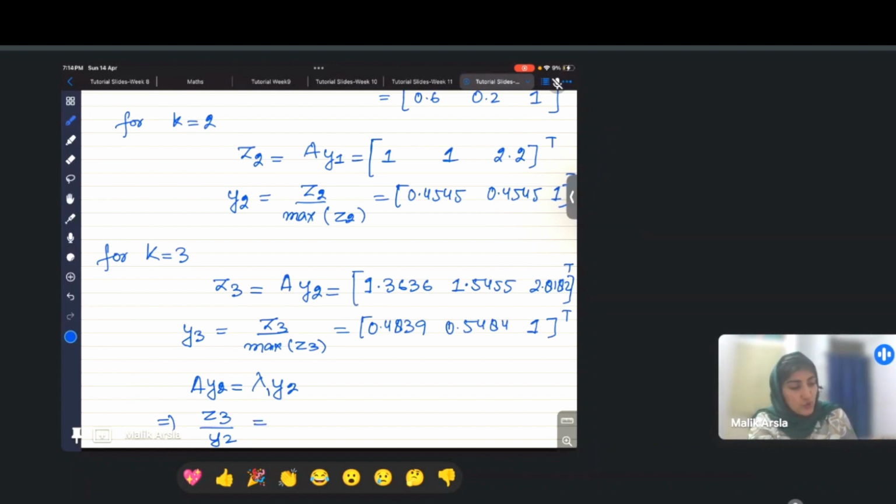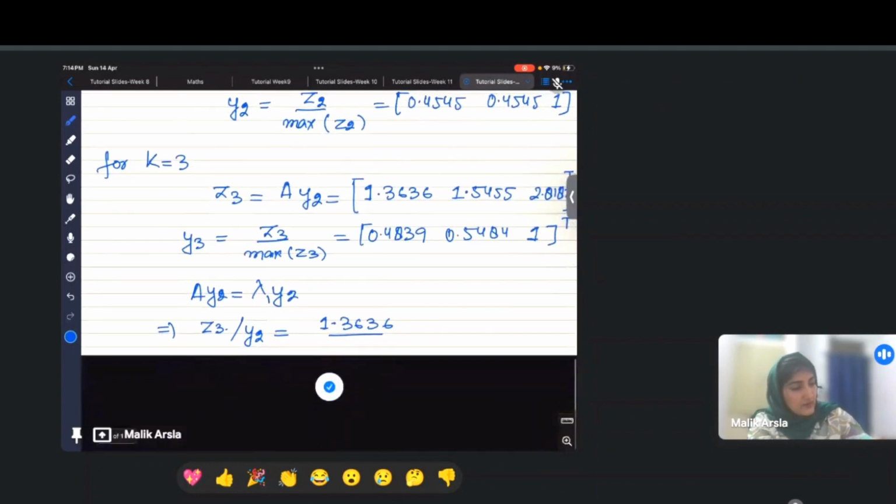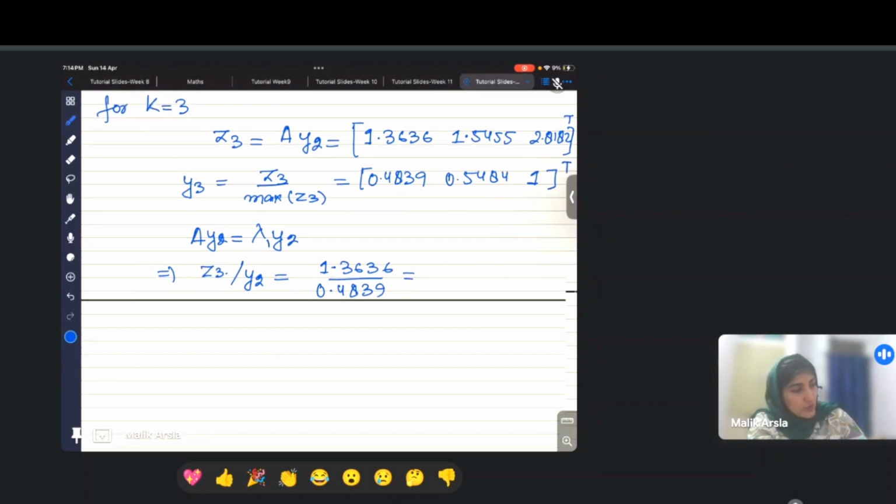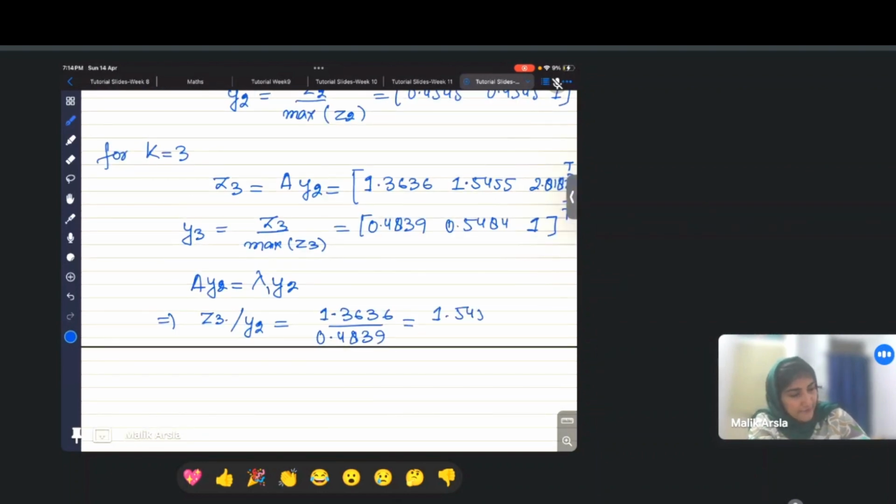Okay. So if you do this, I will denote it like this. Z3 divided by Y2. It means every entry of Z3 divided by Y2. So that will be 1.3636 divided by 0.4839, which should be equal to 1.5455 divided by 0.5484, which should be equal to 2.8182 upon 1.